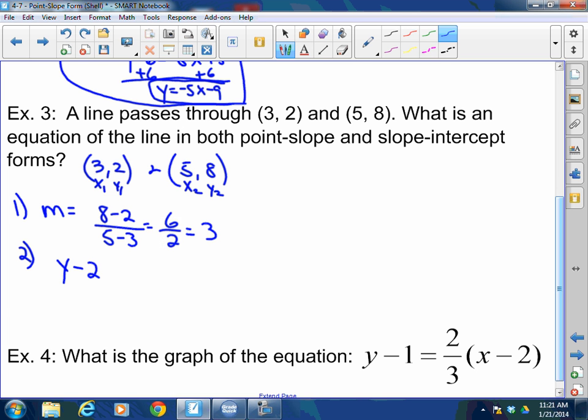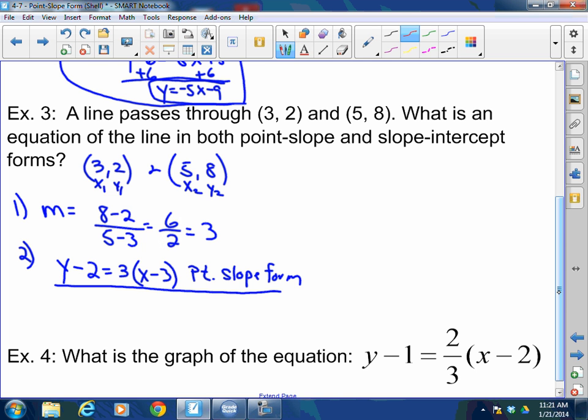I was wrong. Thank you. So y minus y1 equals m times x minus x1. That's it. That's point slope form. You are done with the point slope form.